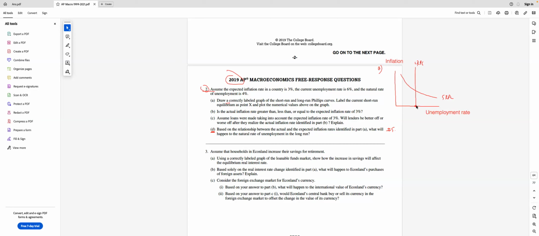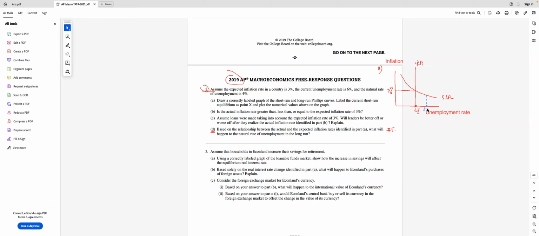So the intersection here is called the natural rate of unemployment. So this one is 4%. And this one is the expected inflation rate, 3%. Okay, now changing to another color. The current unemployment rate actually is 6%, higher than 4%.